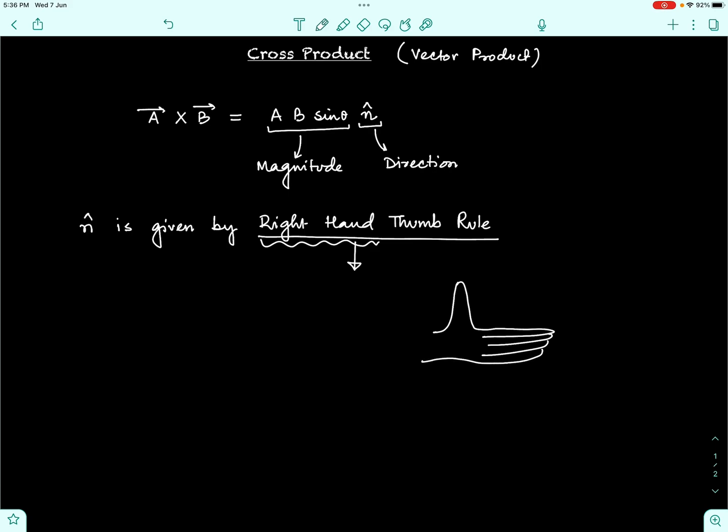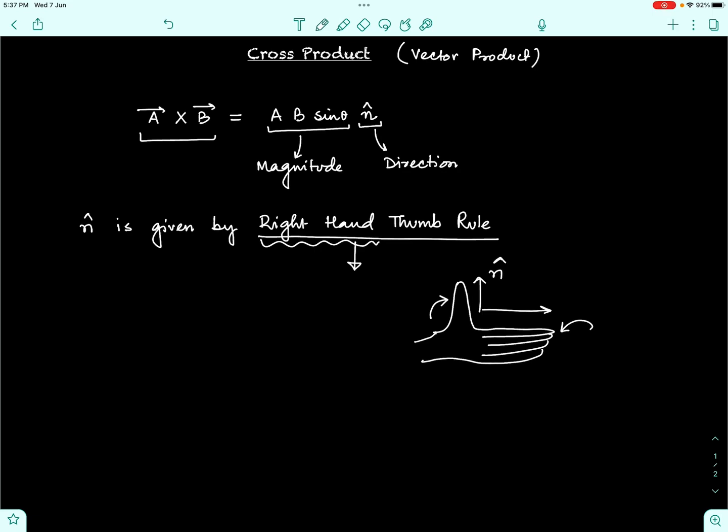We stretch our right hand in such a way that the thumb is perpendicular to the fingers, and then we curl these fingers from the first vector to the second vector. So, when we are doing A cross B, we first keep the fingers of the right hand in the direction of the first vector and then we curl those fingers in the direction of the second vector, and in the process of that curling, the direction in which the thumb points gives us the direction of n cap.